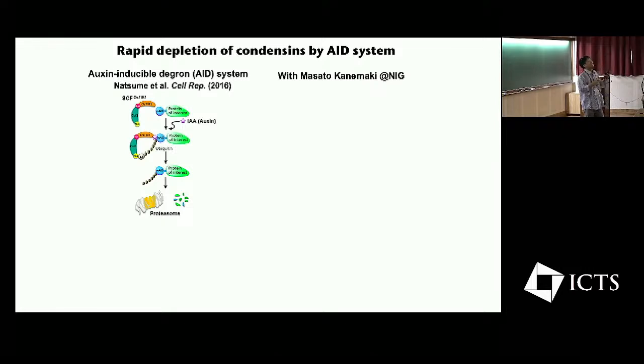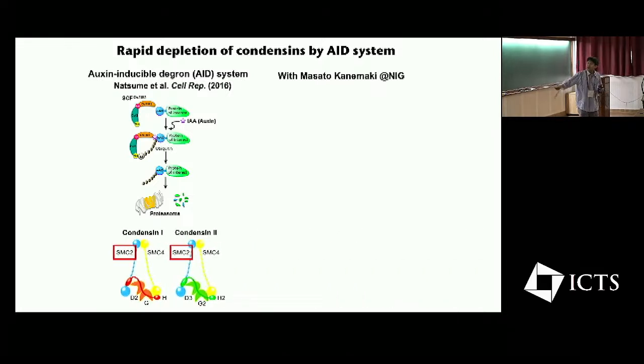To see the involvement of condensins in this constraining process, we did rapid depletion of condensins using the auxin-inducible degron system, which was developed by Masato Kanemaki-san at our institute. The auxin-inducible degron system is a great system, and AID-tagged proteins rapidly degrade with auxin addition via the proteasome pathway.